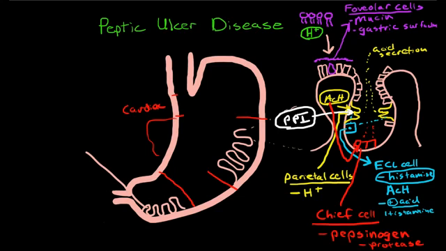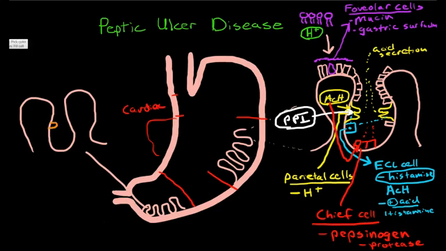For one thing, it doesn't have a significant number of parietal cells. And for another thing, it has some other unique cells. It has some endocrine cells, and one is called the G cell and one is called the D cell. So the G cell, let me be consistent with my colors, the G cell is stimulated by the presence of amino acids.